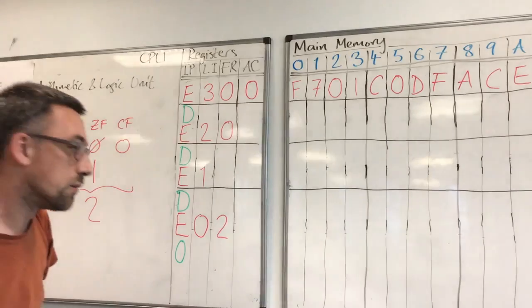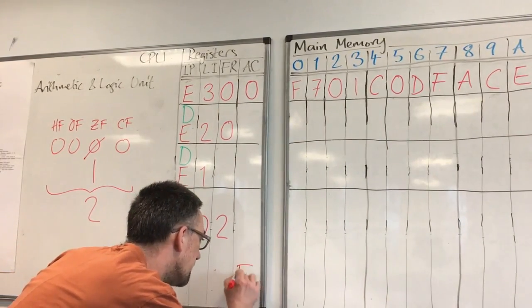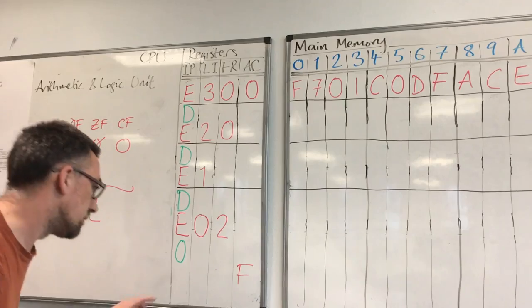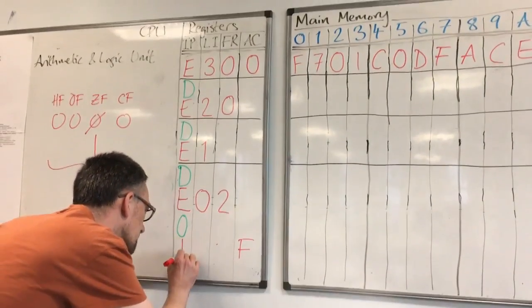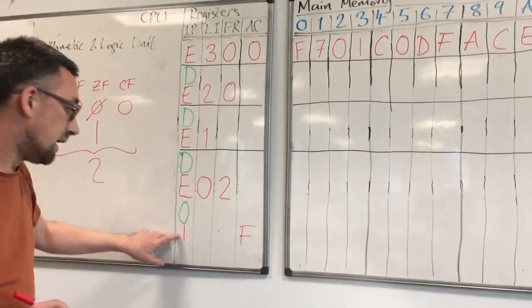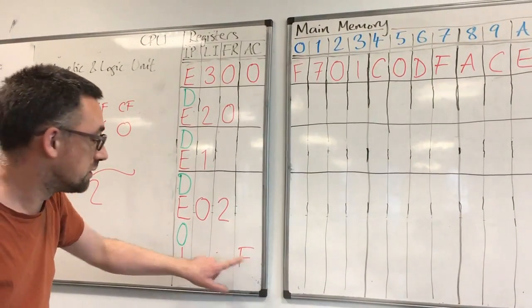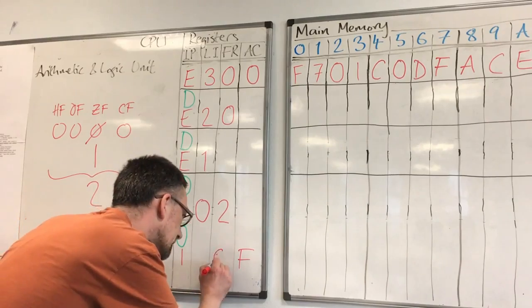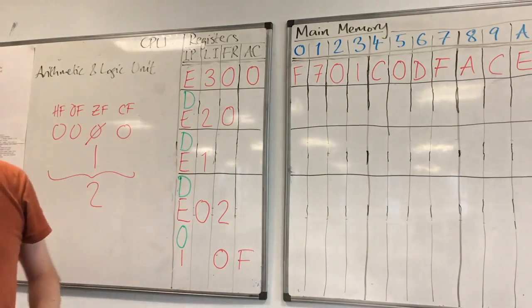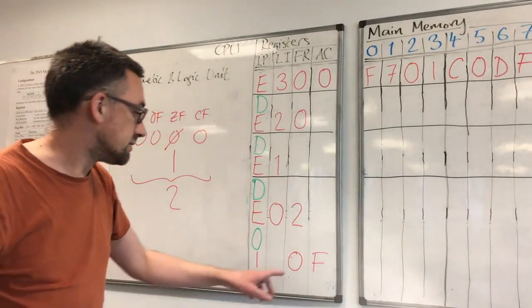And we're going then to flip 0, which will give us F, and the instruction pointer will move on to 1. Then we should note that F is not 0, so the 0 flag will be cleared back to 0. And we're ready for the next instruction.